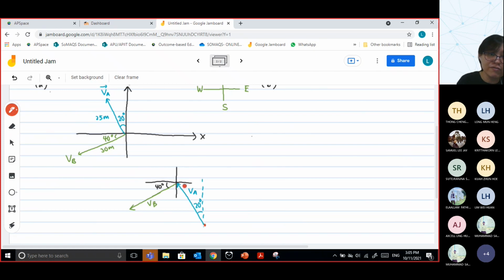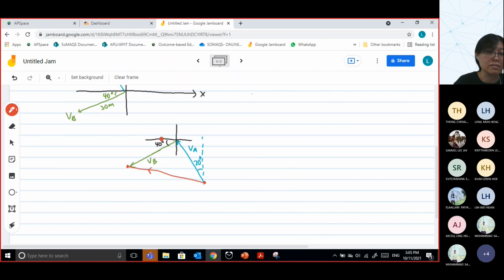After he walked 25 meters, he changed direction, with the second vector of 30 meters, then this is the final position. The line from the starting point to the final position is the resultant of the two vectors.